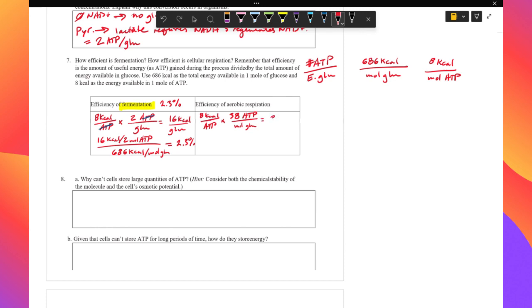That gives us a maximum of 304 kcals per mole of glucose. 304 per 38 moles of ATP divided by that 686 kcals per mole of glucose gives us an efficiency of 44.3%.